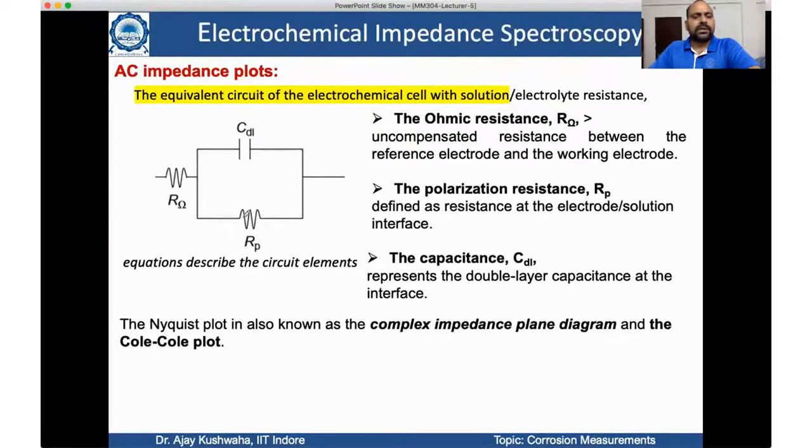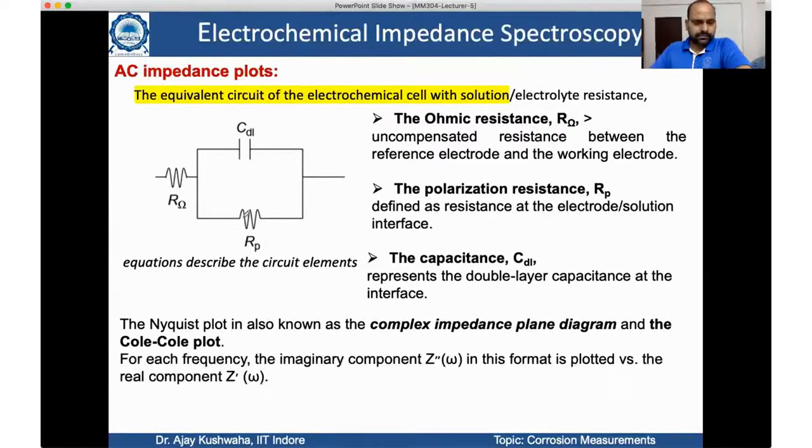So the Nyquist plot is also, if this circuit is there, then our plot could be different. If you plot this Z dash, it is known as the Nyquist plot, sometimes also called the complex impedance plane diagram or polar plot. For each frequency, the imaginary component Z double dash is plotted versus the real component.